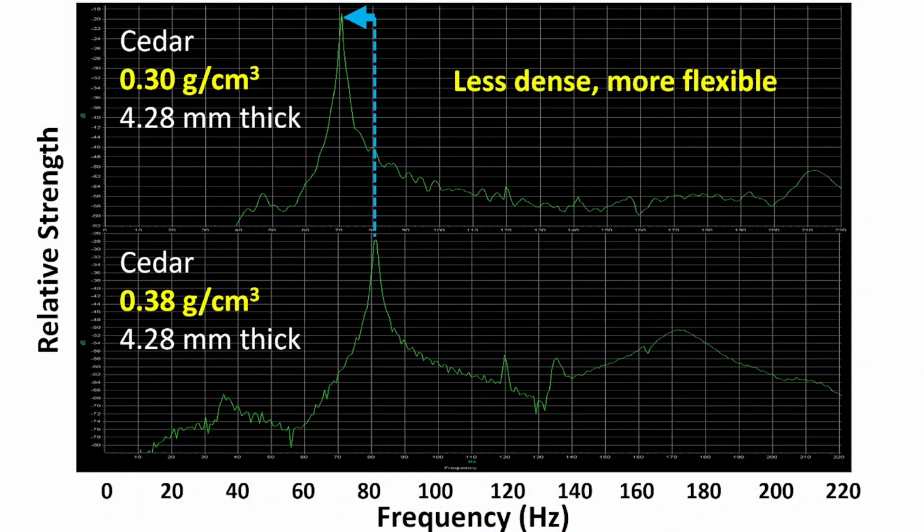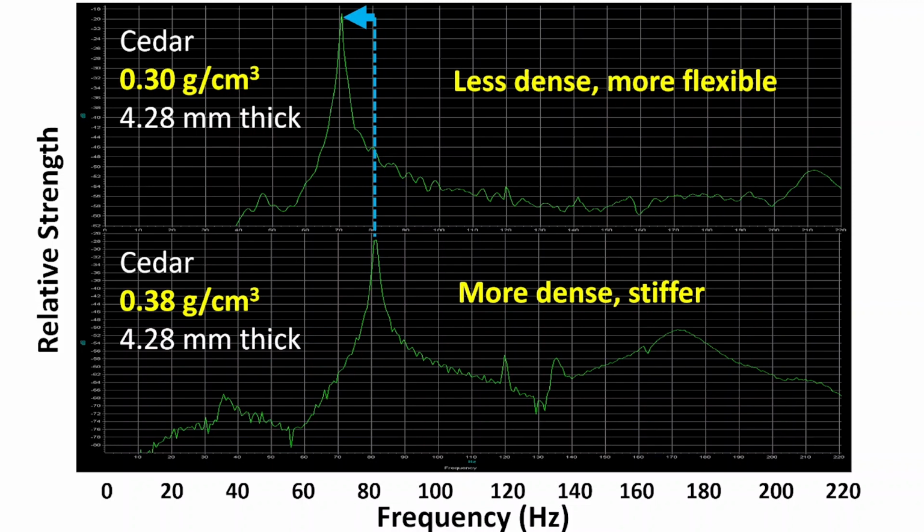The reason why these pitches change is because density is highly correlated with flexibility. And so in the upper panel, the less dense sample is more flexible. And in the lower panel, that soundboard is more dense, and therefore it's stiffer.